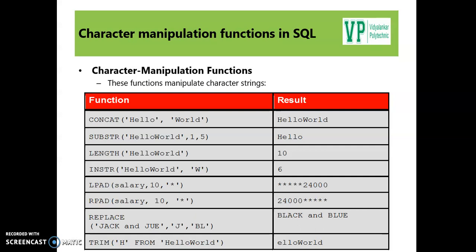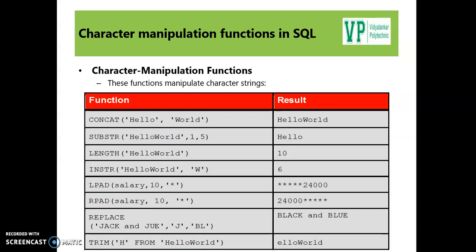Whereas in this lpad function, you can see salary is nothing but a column from the table. And then 10, it is a size, and then an asterisk sign is there, or you can also say star mark. Here that star or asterisk is in single quotation marks.